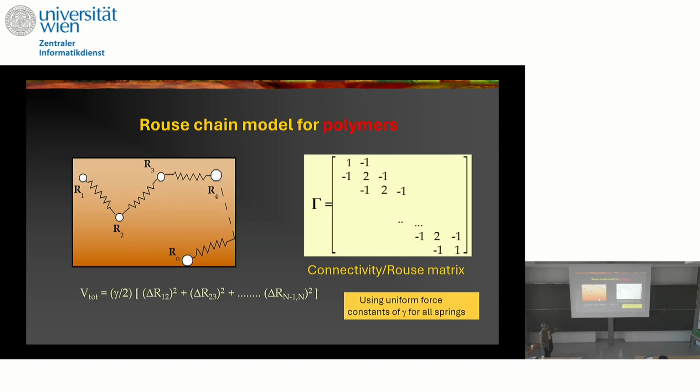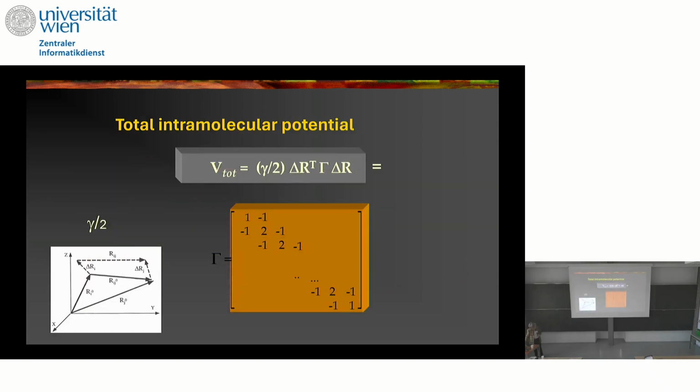The Rouse model, everybody knows, I guess. It's just a linear chain, where the connectivity is represented by this tridiagonal matrix, and the total potential is written as a sum of harmonics. In the case of our approximation, you can always write the total potential as a pre- and post-multiplication by the fluctuation vectors of the individual nodes.